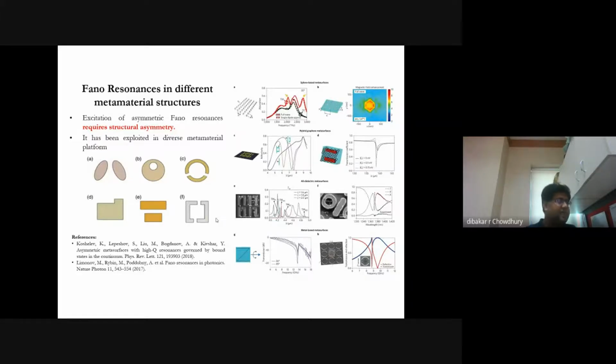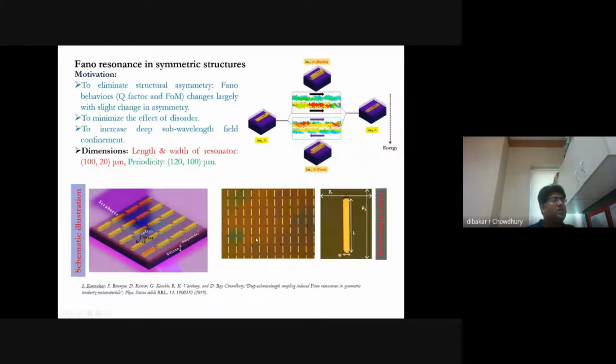Also, having structural asymmetry does not guarantee that you will see the Fano mode. So with structural asymmetry, you have to hit a particular point, then one can see a very strong and reasonable Fano mode. So then we started thinking how one can excite a Fano in a geometrically symmetric structure.